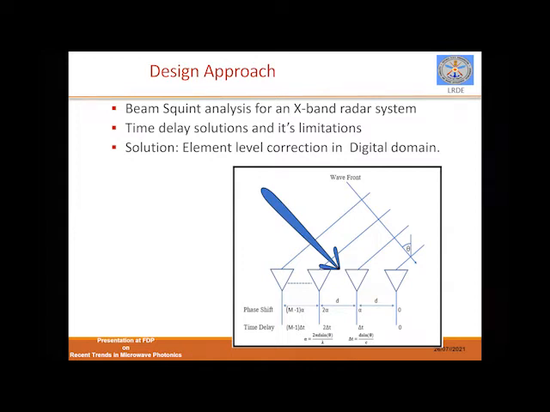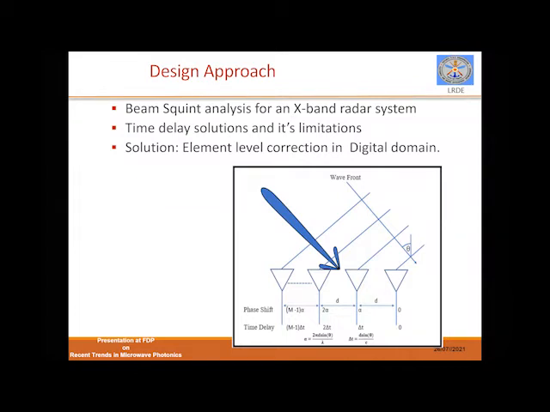Depending upon the steering angle, alpha is computed as 2 pi by lambda into d into sine theta, and depending upon the angle of steering, this alpha varies, and accordingly this phase shift should be loaded in the phase shifters associated with each of the elements.